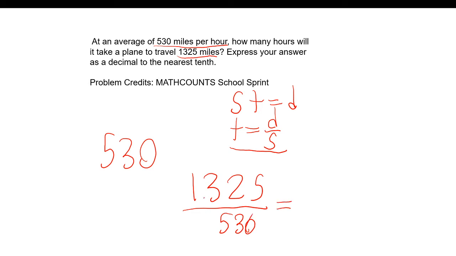Now, once we compute this, we'll have our answer. Now, let's just divide. In this problem, in my opinion, it's better just to divide it out rather than guess and check. Guess and check also works for this problem, but I think it's more efficient to just divide it out. So 1,325 divided by 530.